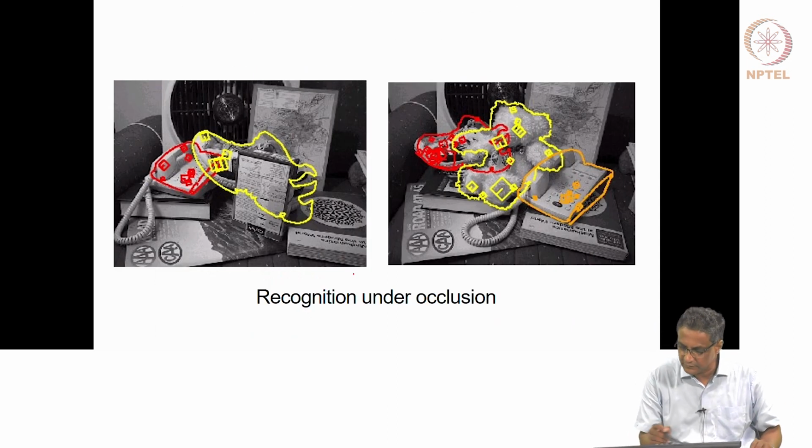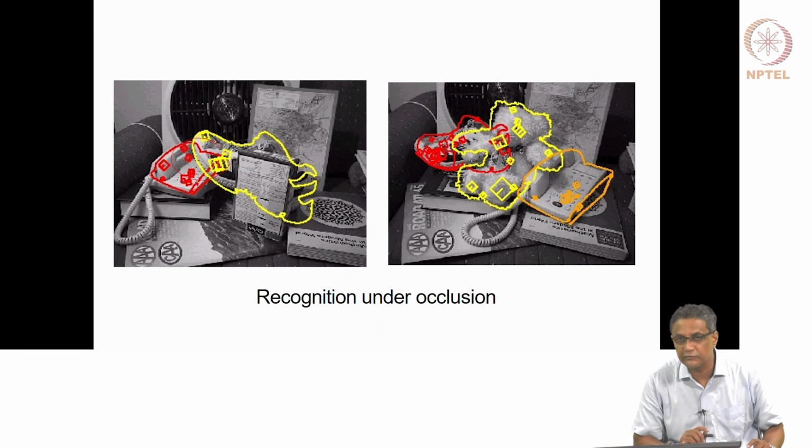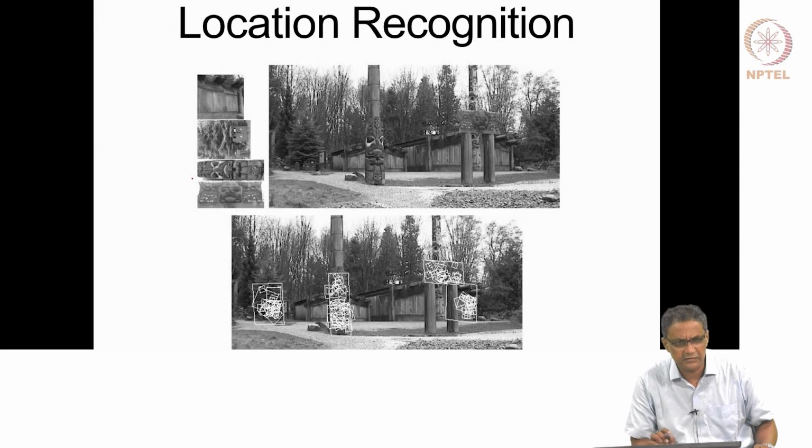So when you want to do recognition under occlusion, the fact that the phone is hidden by the shoe should not hamper your ability to tell that there is a phone behind the shoe. Such occlusions are very common.